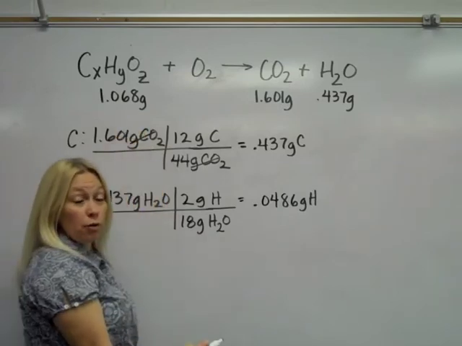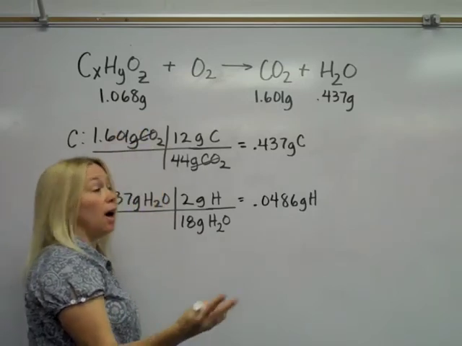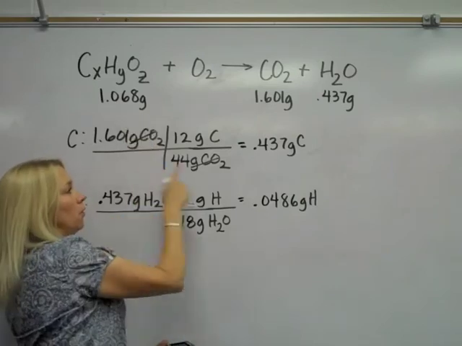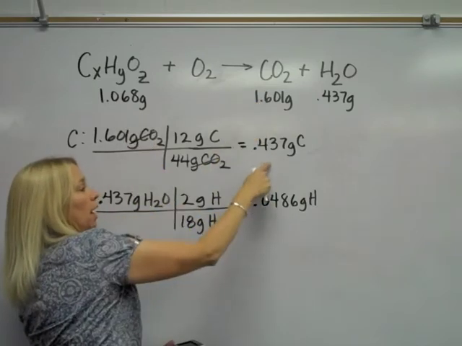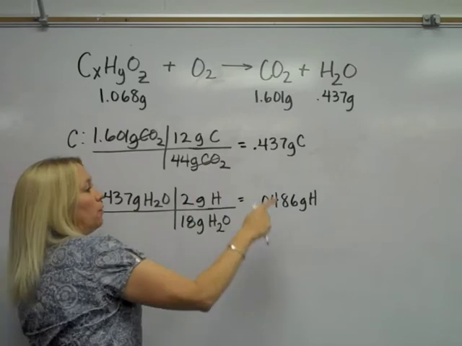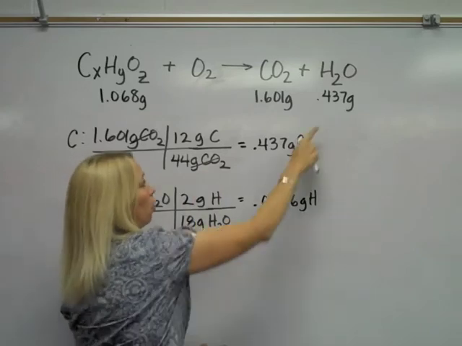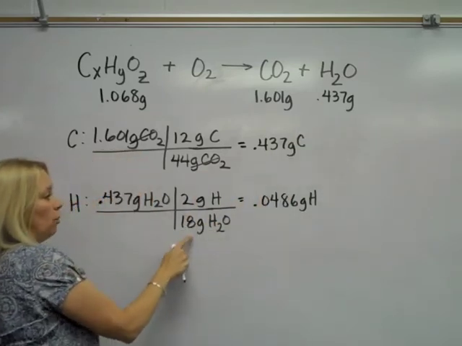So we have to know the grams of carbon, hydrogen, and oxygen in here. We found the carbon by pulling it out of the CO2. We found the hydrogen by pulling it out of the water using molar masses.